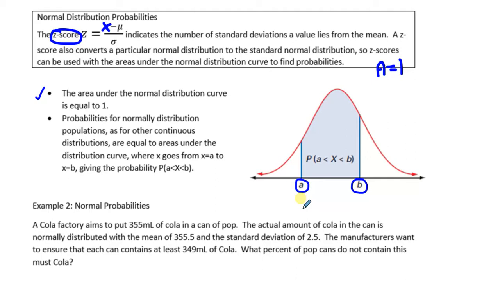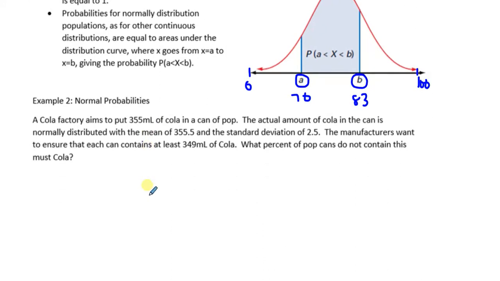Say it's a test score out of 100. Let's say A is 70% and B is maybe 83%, just for an example. We would find all the area under here divided by 1. Okay, so let's actually take a look at that.